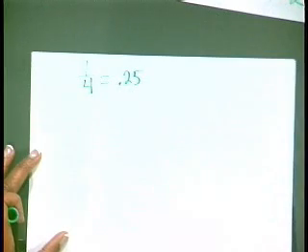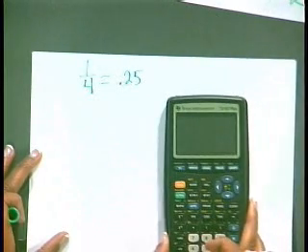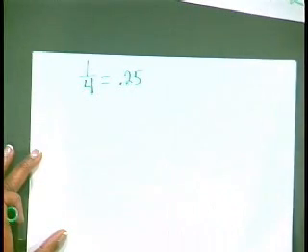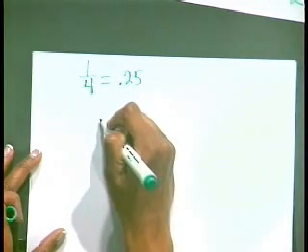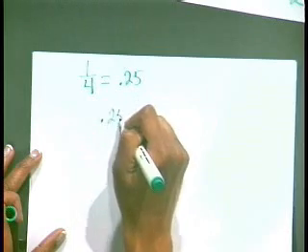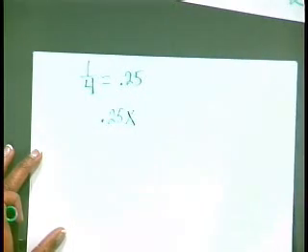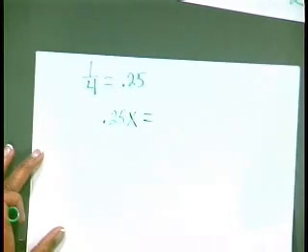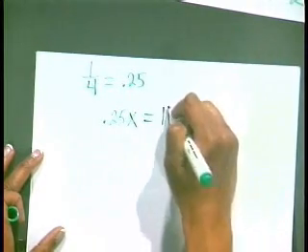If you're not sure, you may use the graphing calculator or any calculator and divide 1 divided by 4, and you will get 25 hundredths. So instead of writing 1/4, I'm going to use 25 hundredths. So we have 25 hundredths x equals 7 times 2, which is 14.